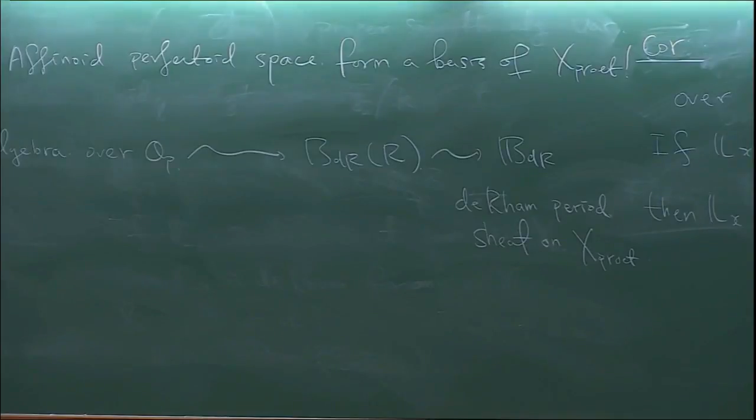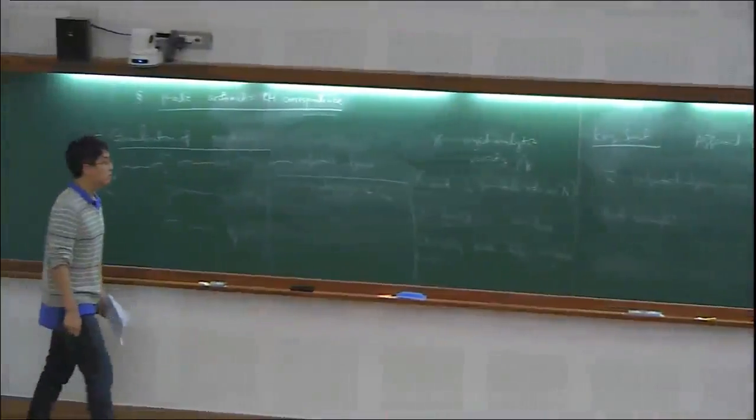In the classical case, we have a p-adic representation V of GK, where K is a finite extension of Qp.